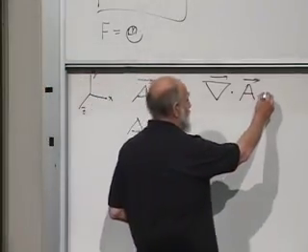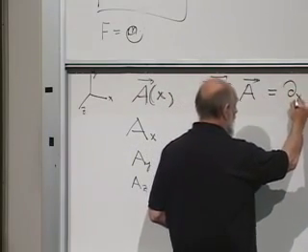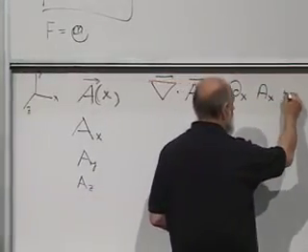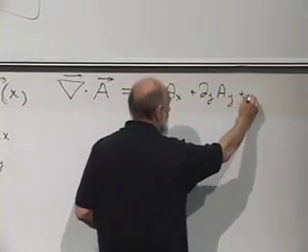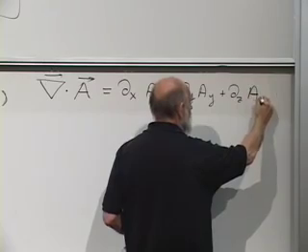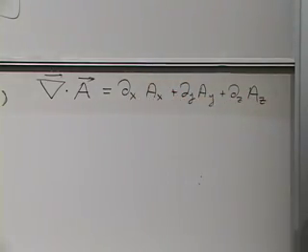And this is by definition the derivative with respect to x of the x component of A, plus the derivative with respect to y of the y component of A, plus the derivative with respect to z of the z component of A. That's the definition.